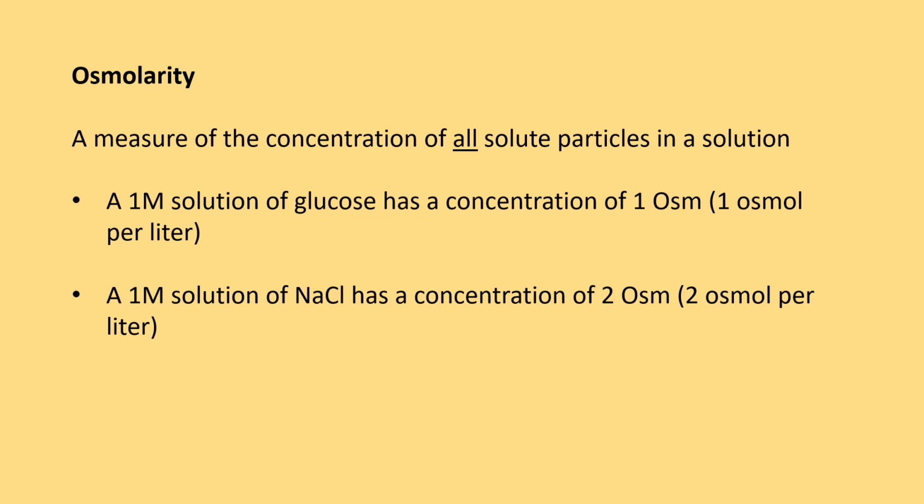So for every 1 mole of sodium chloride that we add to a liter of water, we're actually adding 2 moles of particles. So the osmolarity of a 1 molar solution of sodium chloride is 2 osmoles, sometimes also said as 2 osmoles per liter.